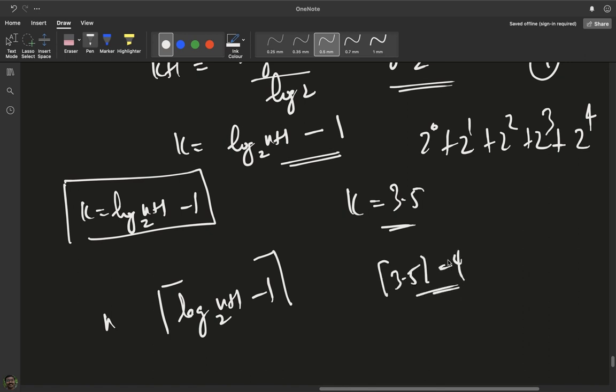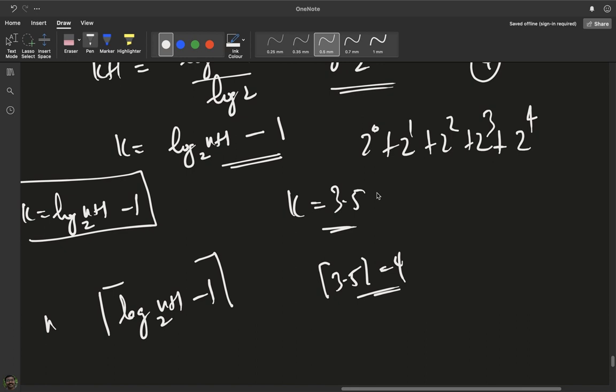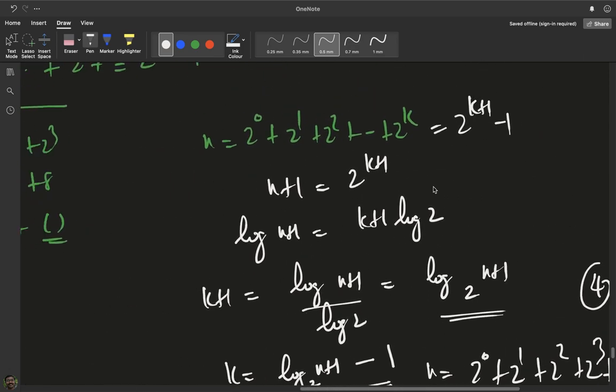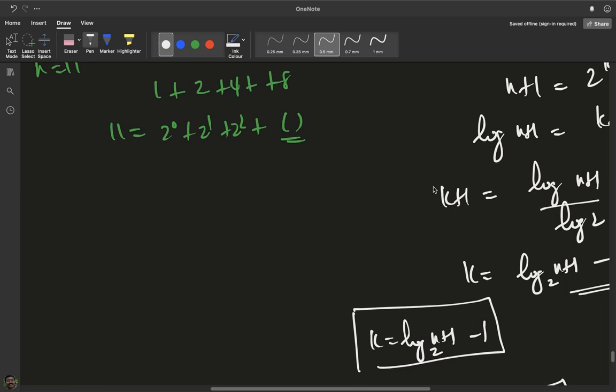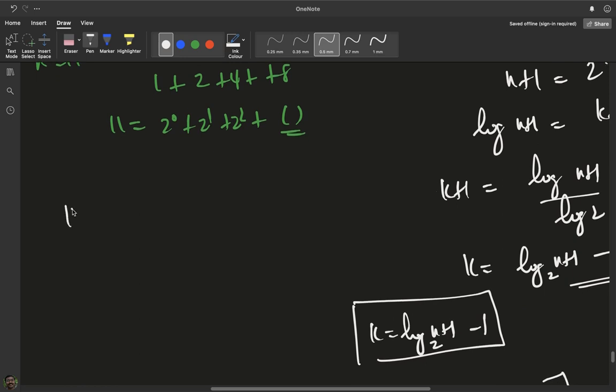Okay, so this 3.5 type of thing occurs when your n cannot be written perfectly like this. For example, in our above example with regard to 11, 11 could not be written as 2 raised to 0 plus 2 raised to 1 plus 2 square, but you need some more values there.